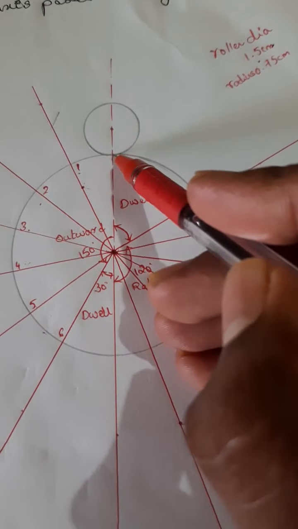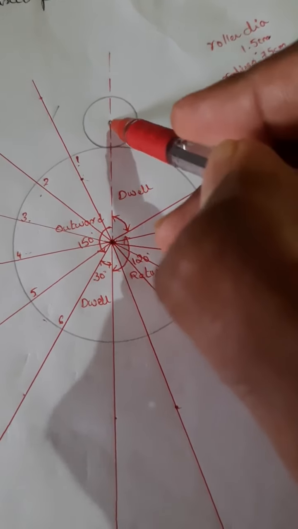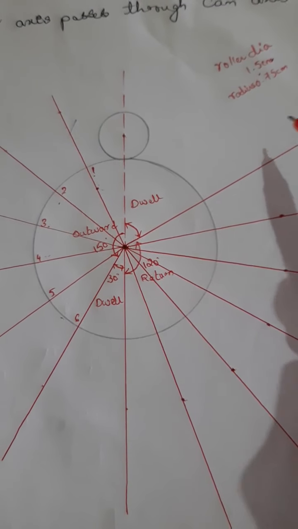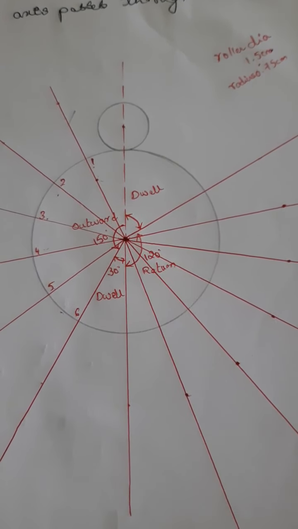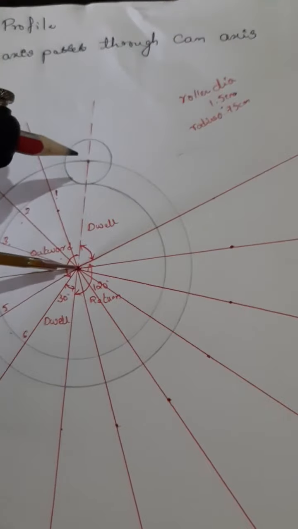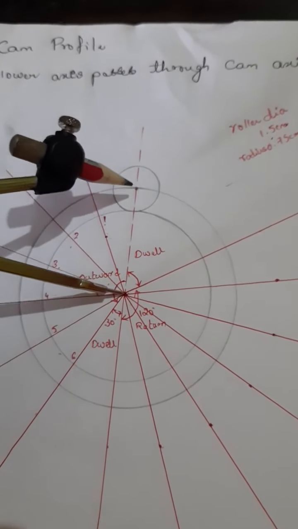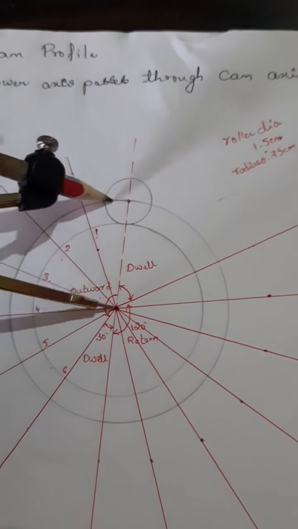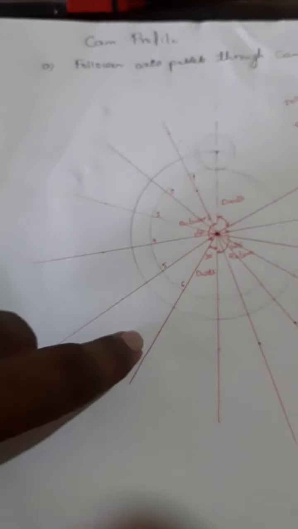Mark 0.75 with the compass and draw a circle of 0.75 radius, or 1.5 centimeter diameter. Draw one more circle from the center of the cam to the center of the roller. Now, plotting of points on these radial lines.